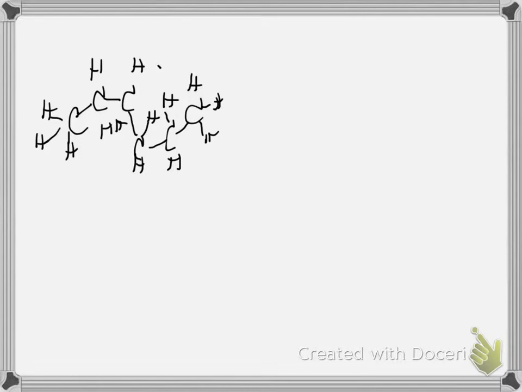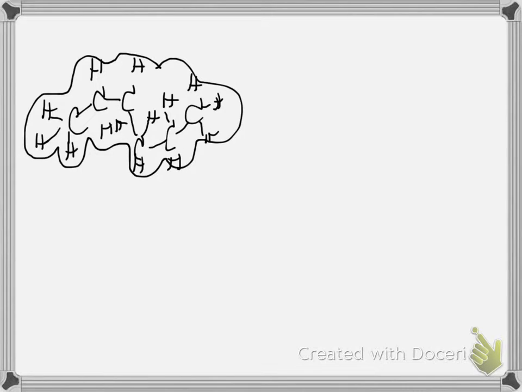The idea is that it's a molecule, and those carbons, and oops, I forgot my oxygens, didn't I? I'll stick a few oxygens in here. Good enough. Those carbons, oxygens and hydrogens are actually sharing electrons, so they're very, very strongly bonded.